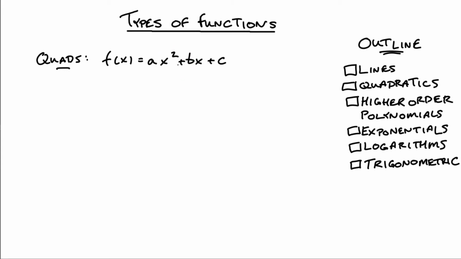This is referred to as standard form for a quadratic. You might see it differently depending on if it's factored or if it's in intercept form. At this point we have a, b, and c, and each of these are constants.